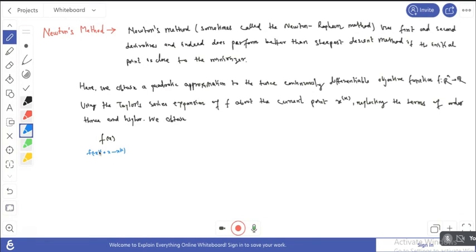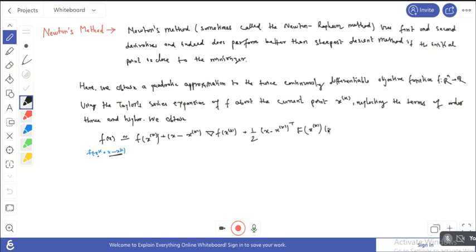Adding xk and subtracting xk, f(x) is approximately f at xk, plus x minus xk times the gradient of f at xk, which is the first order, and then 1 by 2 times x minus xk transpose, the Hessian at point xk, times x minus xk.